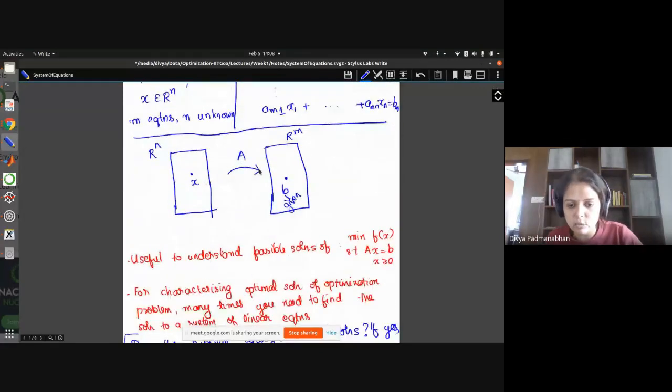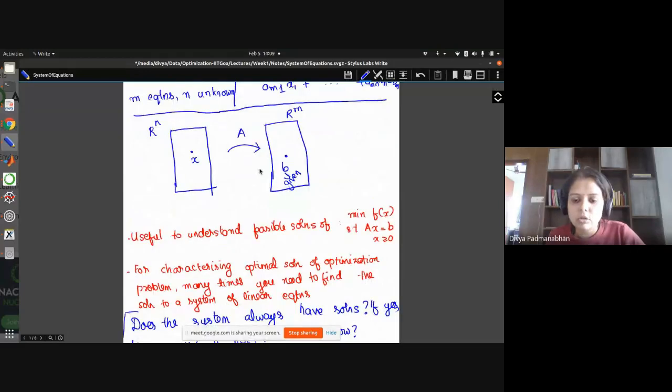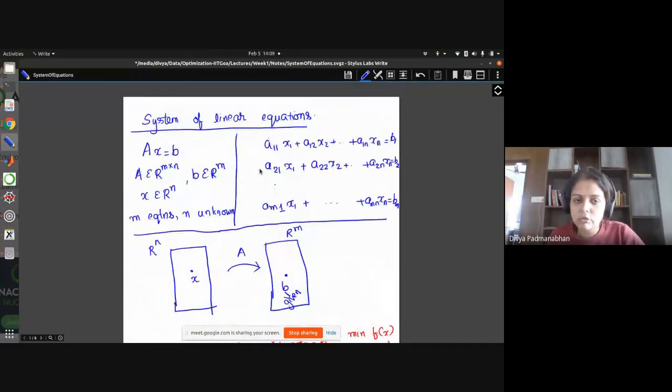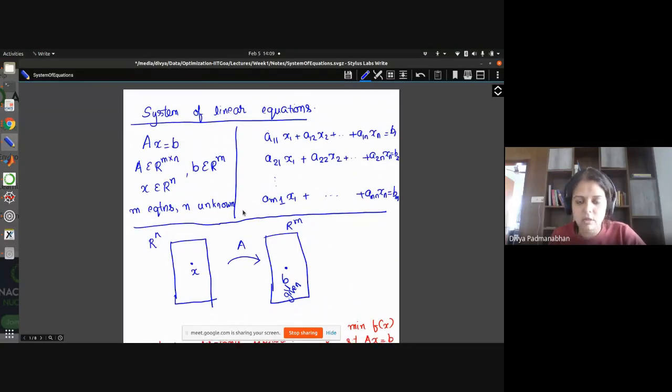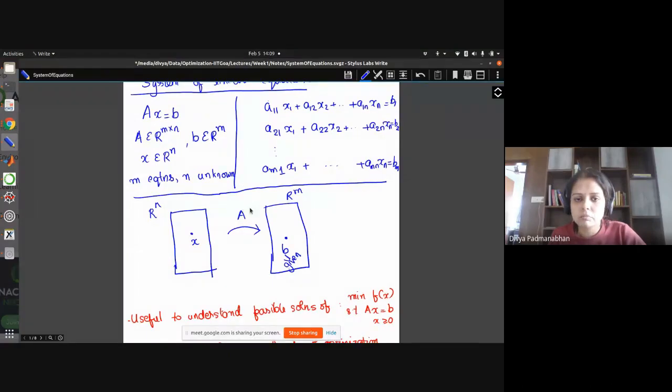Okay, so what I was telling is that we are interested in getting the solutions for the system of linear equations. Now, if you're given a b, for any b, is it always guaranteed that you can find an x? You never know. Many times you have m less than n, so you have more unknowns but fewer equations, and then you don't know if you have a solution.